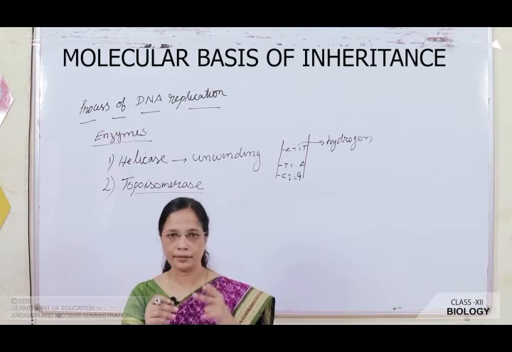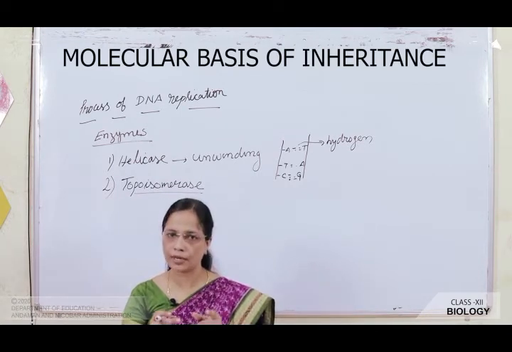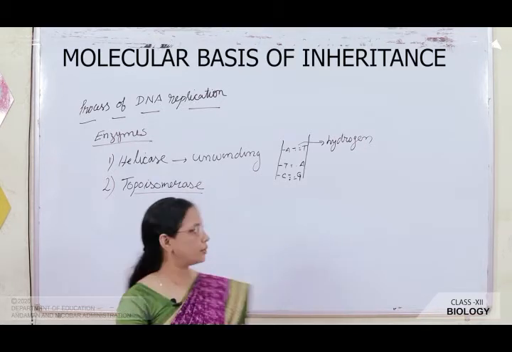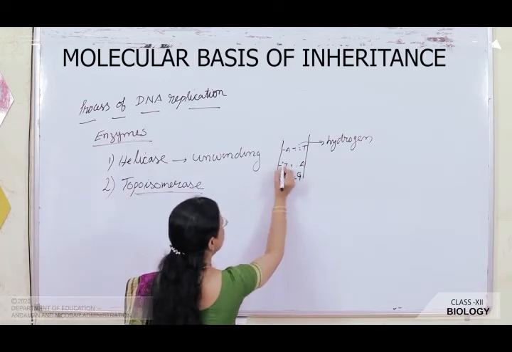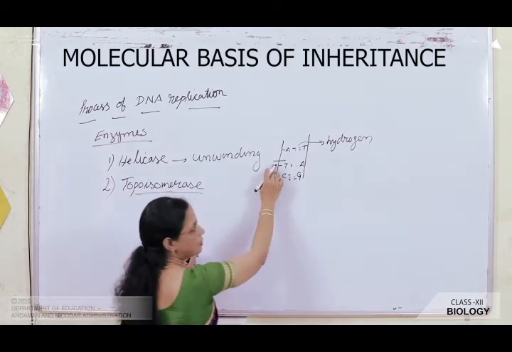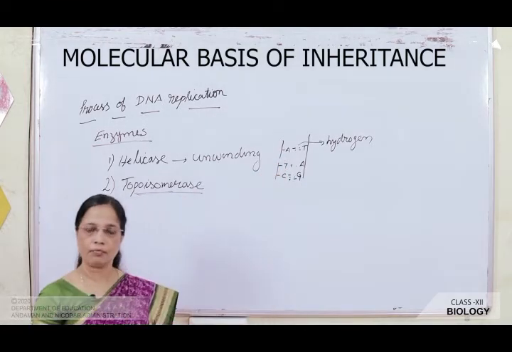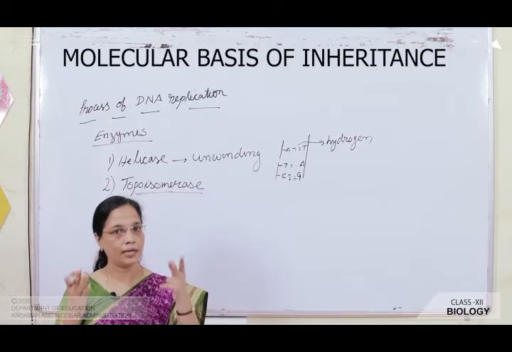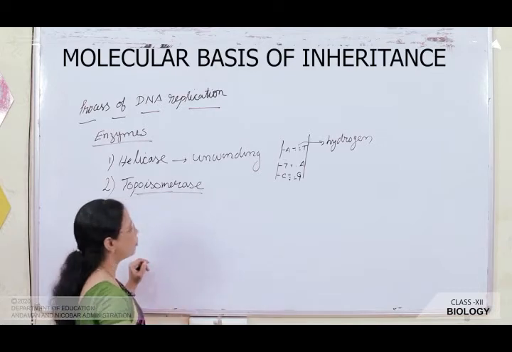When you cut the strand of that rope, what will happen? It will turn and not coil. The same thing is what topoisomerase does. So what is the role of topoisomerase? It will cut the strand of the DNA. By cutting this strand, it releases the tension of this strand, so that the strand does not coil.